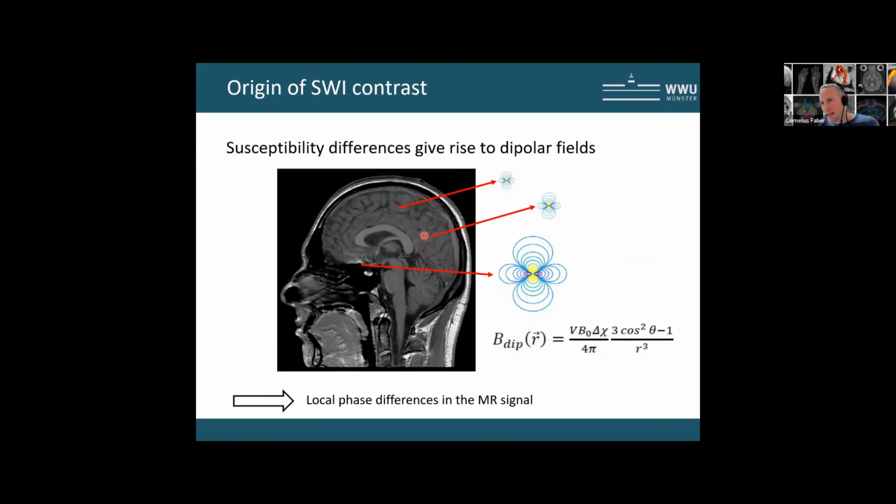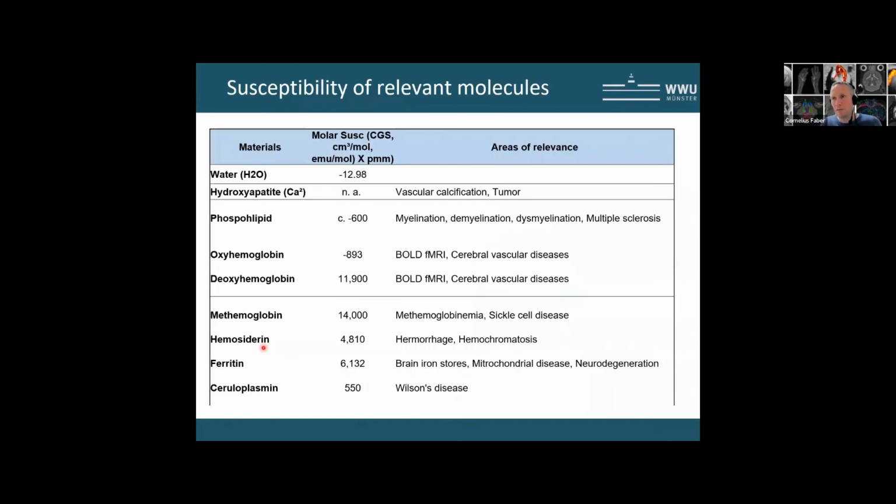If we have something like a vein here, we have a bigger dipole field. And if we have an air tissue interface, we have a huge dipole field. And these give rise to differences in local phase. Here we'll have a huge phase, here we'll have a minor phase, and here a very minor phase change. Now, if we do that, then we can use this for susceptibility weighted imaging.